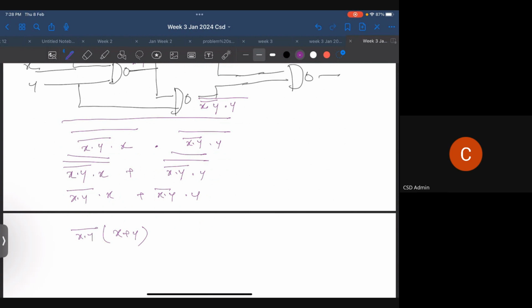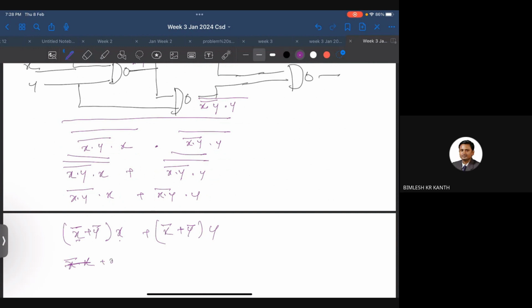Okay, let's divide and see what we get: X bar plus Y bar X, plus X bar X plus Y bar Y, right? Here X bar dot X will be cancelled, and Y bar dot Y will be gone. How did we simplify this?